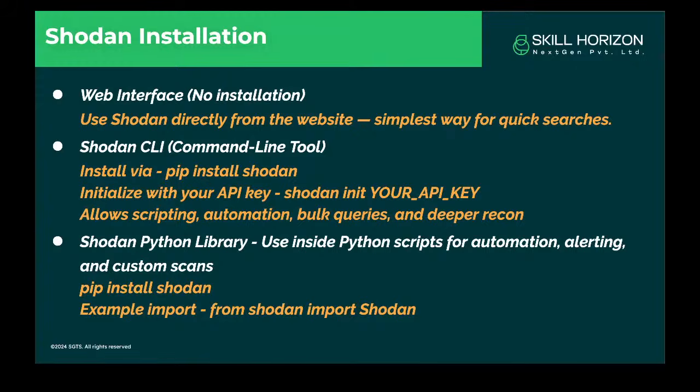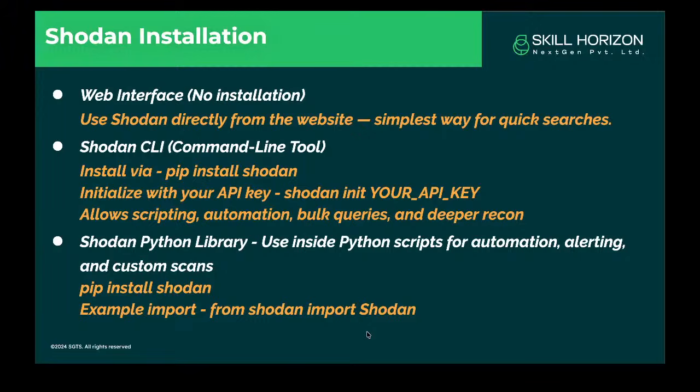On Kali Linux, it is installed by default, right? But if you are using any other distro like Ubuntu or Red Hat or Amazon Linux, or any other Linux distro, then you need to install it first, right? So these are the commands to install Shodan in your system. Basically, Shodan supports multiple installation scenarios. You can install it in your system in multiple ways.